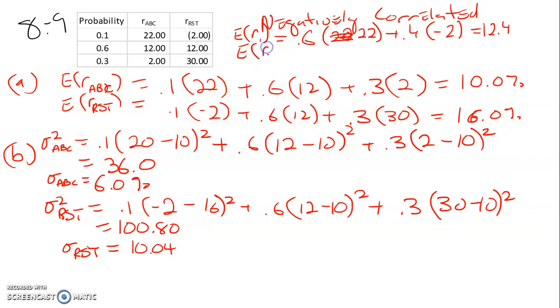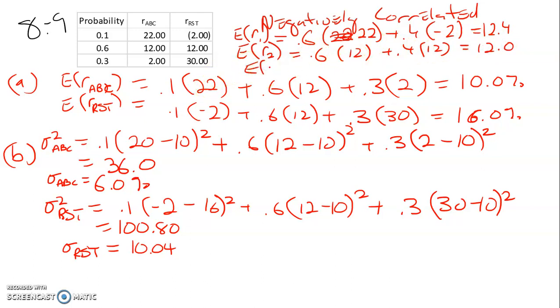Then the return in outcome 2, 0.6 times 12 plus 0.4 times 12. I can do that math in my head. That's 12. Both outcomes are 12.